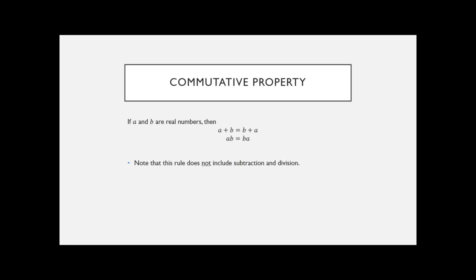We have a commutative property for addition and one for multiplication, but not subtraction and not division. The property says that the order in which you add numbers doesn't matter, and the order in which you multiply doesn't matter. So 2 plus 4 is the same as 4 plus 2, and 2 times 4 is the same as 4 times 2.